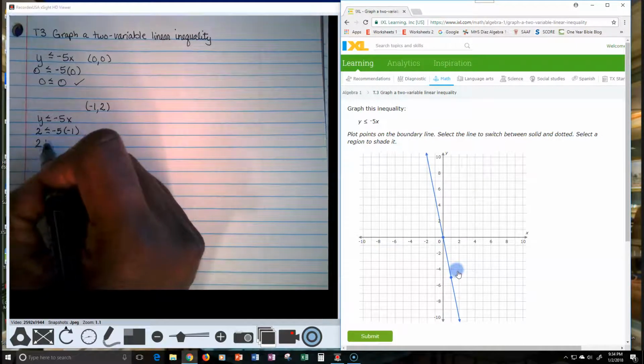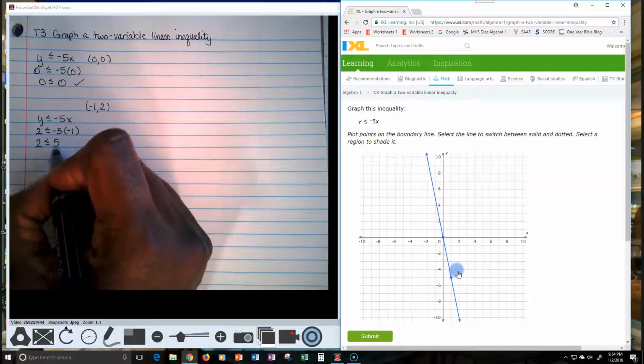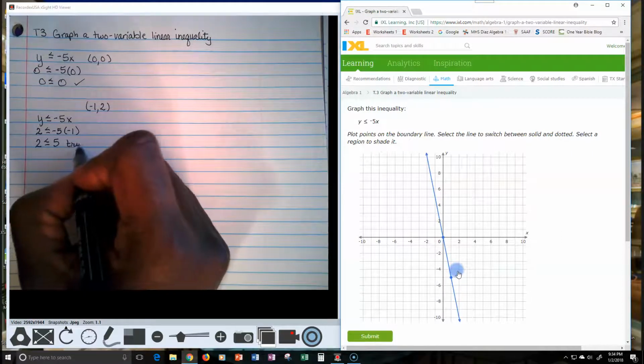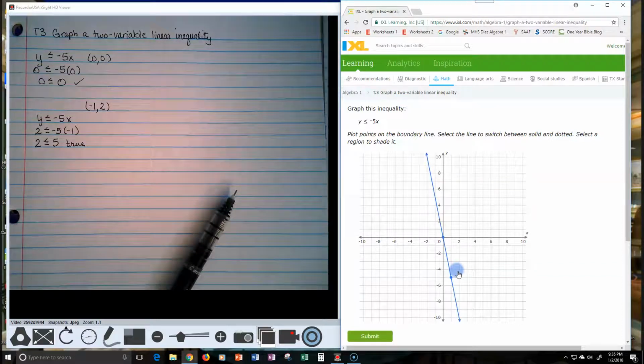So 2 less than or equal to, well, -5 times -1 is +5. This is a true statement. So I want to shade the side that includes the point -1, 2. So I'm going to shade on this side.